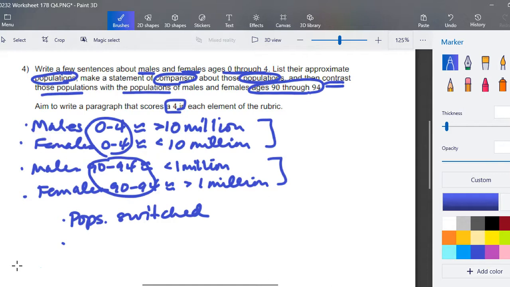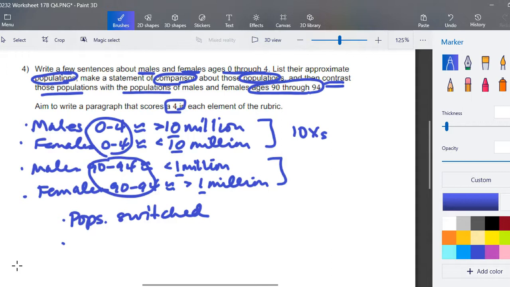We can definitely note and report out about the millions. We can definitely report that the early ones are like 10 times the amount of 90 to 94s. And you fill in the blanks. You can write anything else that you notice to compare and contrast.